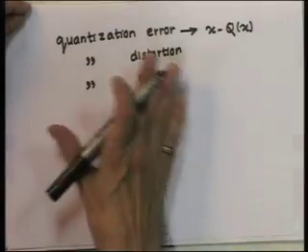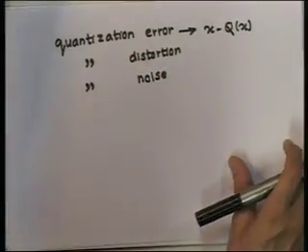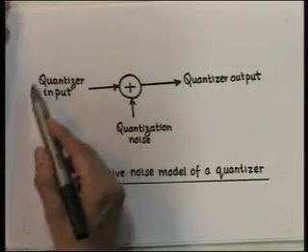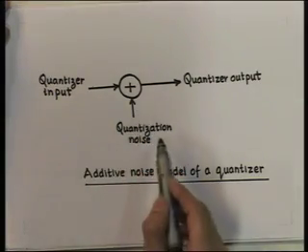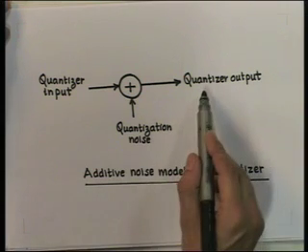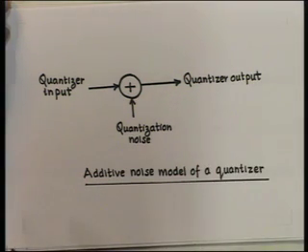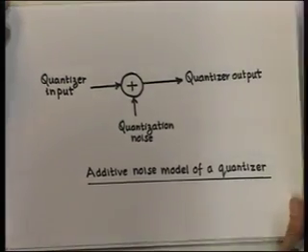So, the quantization process can be modeled as an additive noise process as shown here. We have a quantizer input and quantization noise gets added to it to give the quantizer output. This is the additive noise model of a quantizer.